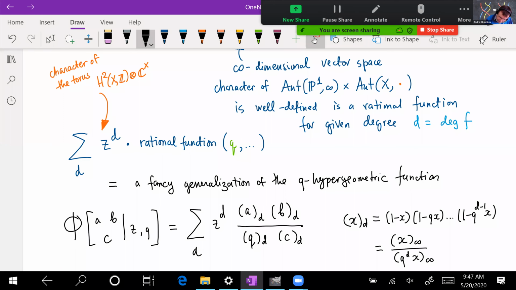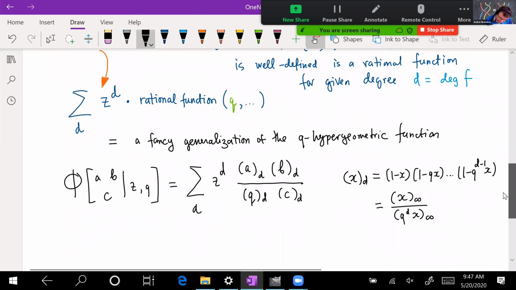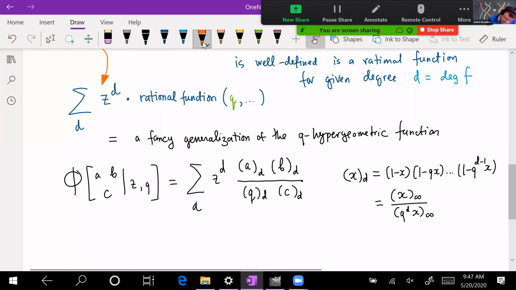That's one way to write it. And what unites all these functions? These are solutions of regular Q-difference equations.